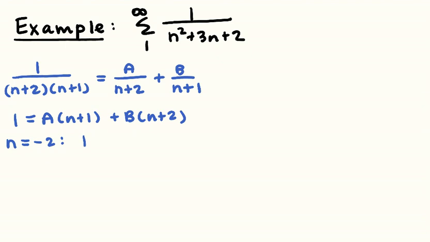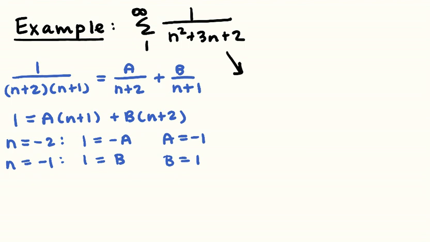And I'll get 1 equals negative a, which means a is negative 1. And then if I let n be negative 1, I'll have 1 equals 1b. So b equals 1. So I can write this now as the sum from 1 to infinity of, well, I'll put the negative 1 to the right, so it'll be 1 over n plus 1 minus 1 over n plus 2.